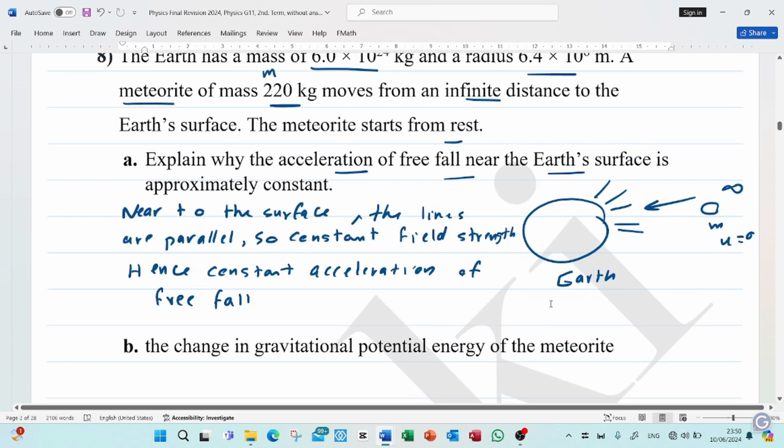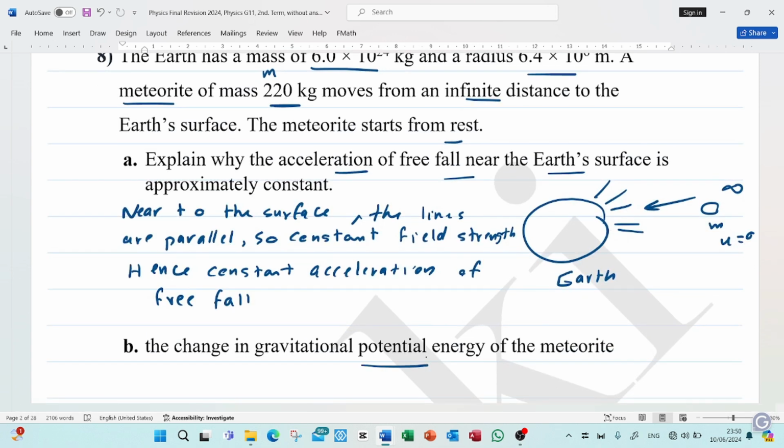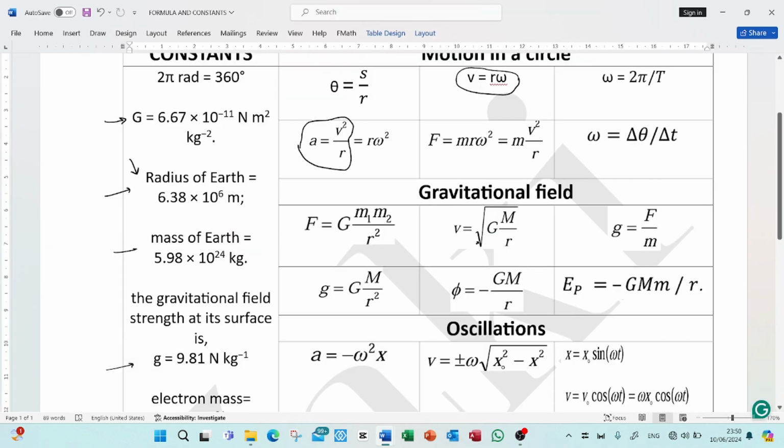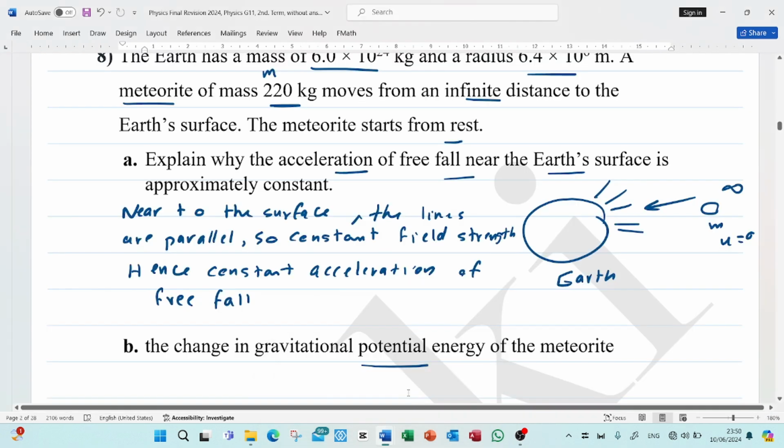Now, the change in gravitational potential. Now we go to the formula sheet. Gravitational potential here is that one, GMm over R. So this is the E_p, or gravitational potential. We return back.